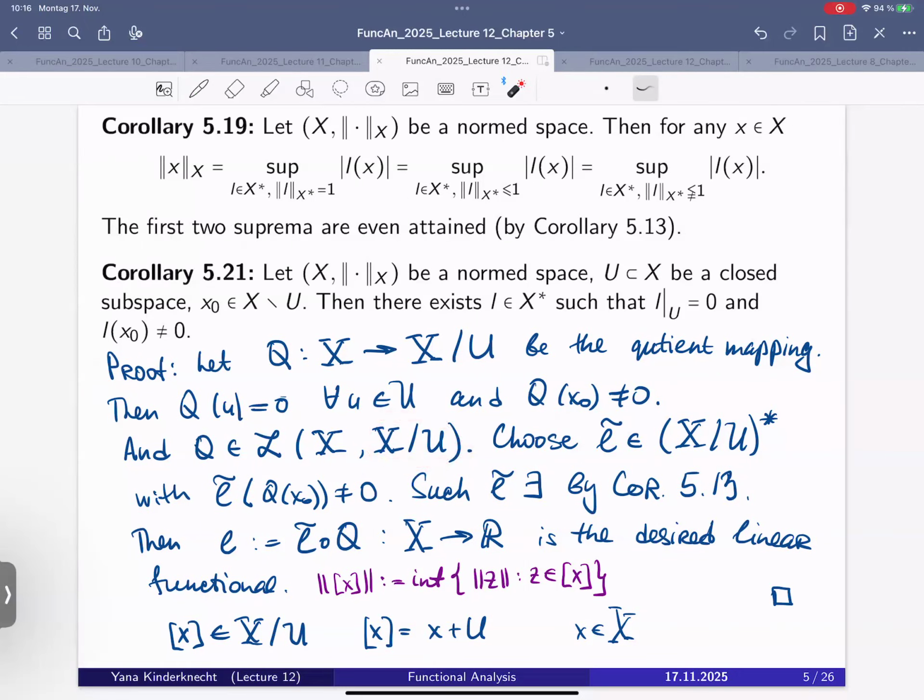So in this construction, to make it a norm space, one assumes that U is a closed subspace. So this is where it is important, namely it is used in the fact that this is a norm space.